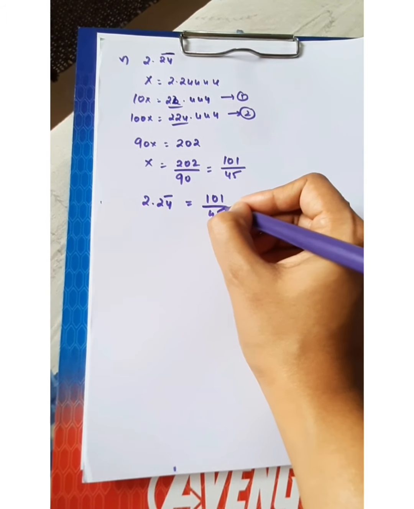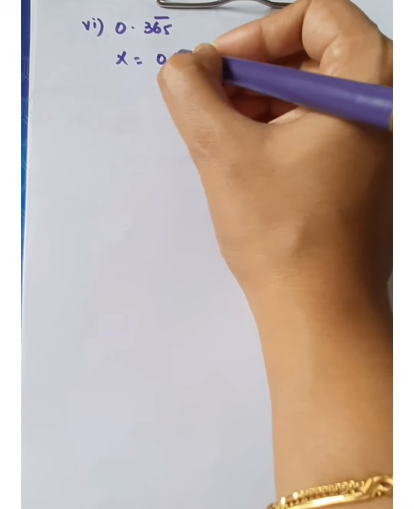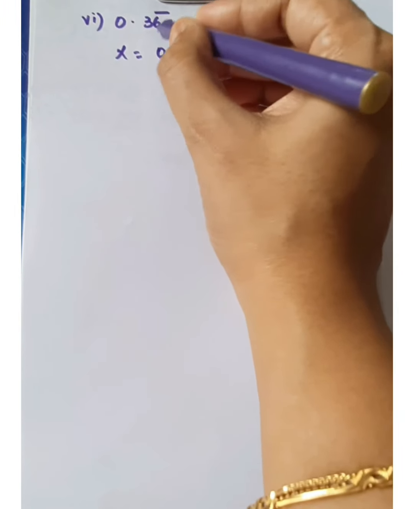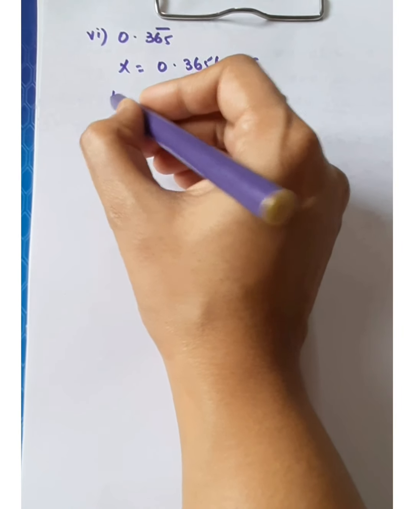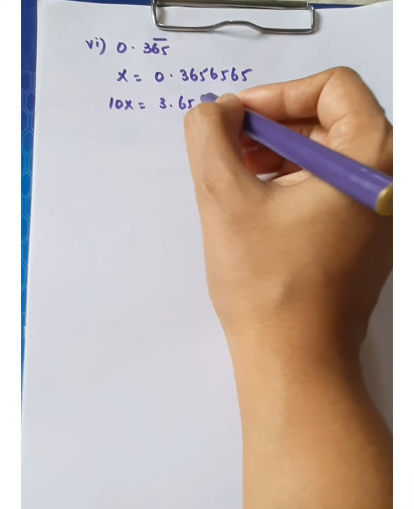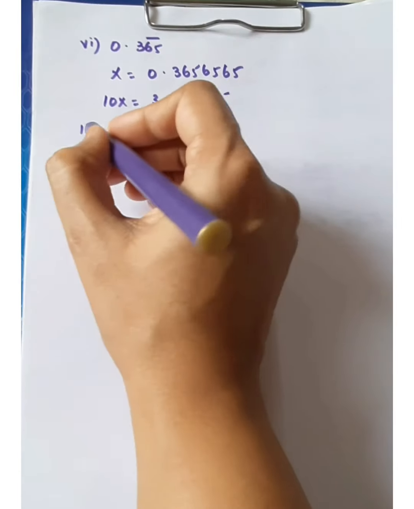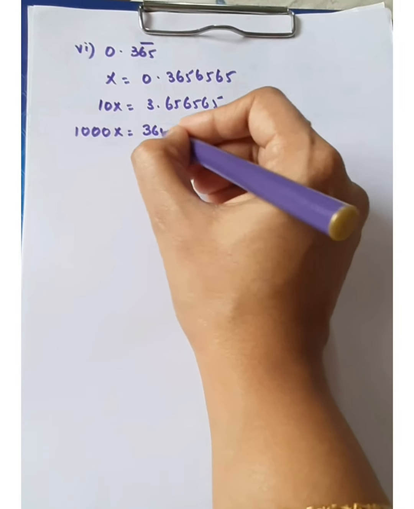Next, 0.365, where 65 is repeated here. So 6565. Next, 10x is 3.65, and 1000x is 365.6565, and it goes on.